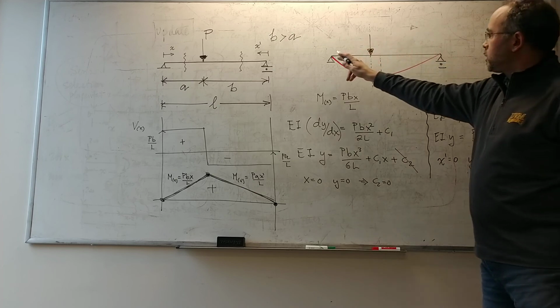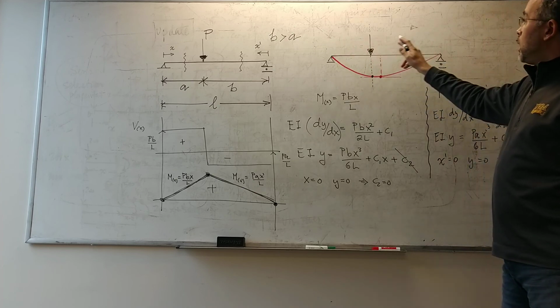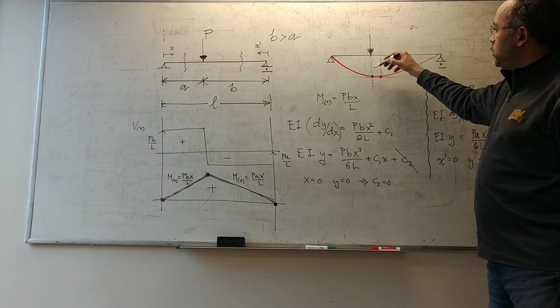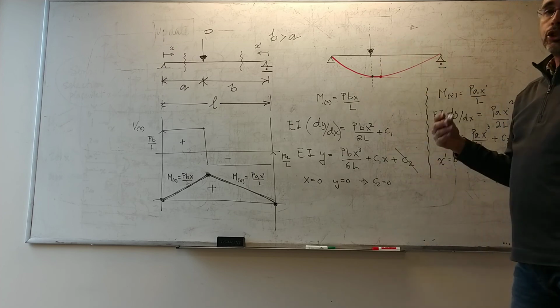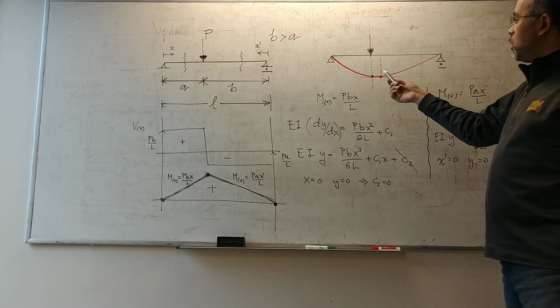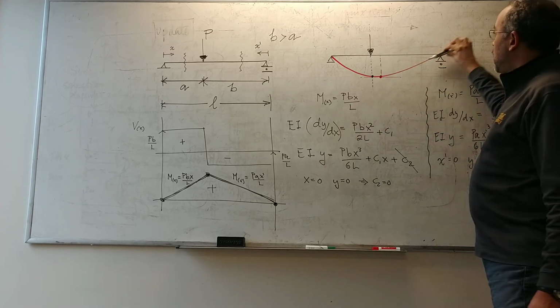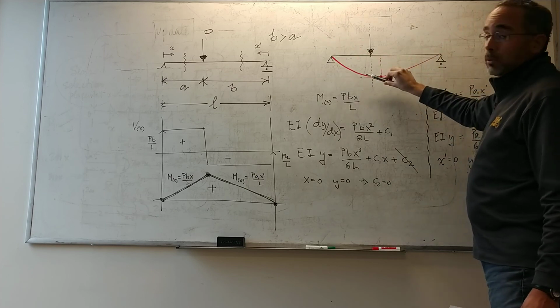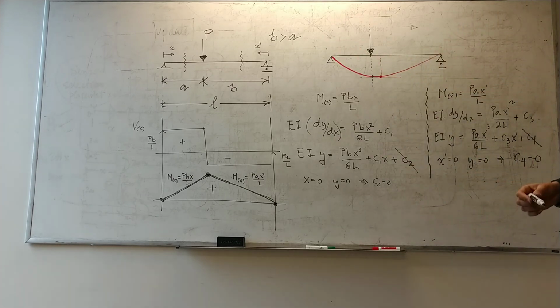Basically, when X equals A and X prime equals B, the deflections have to be the same and the slopes have to be the same, although one of them will have an opposite sign, right? Because this one is already turned while this one is still going down. But in value, they will be the same. We do have to account for the sign difference in the angle.